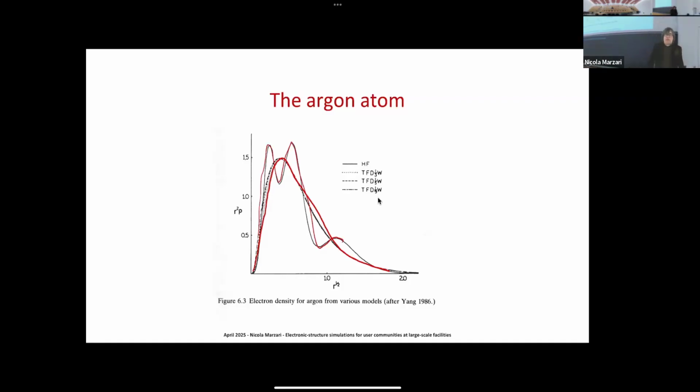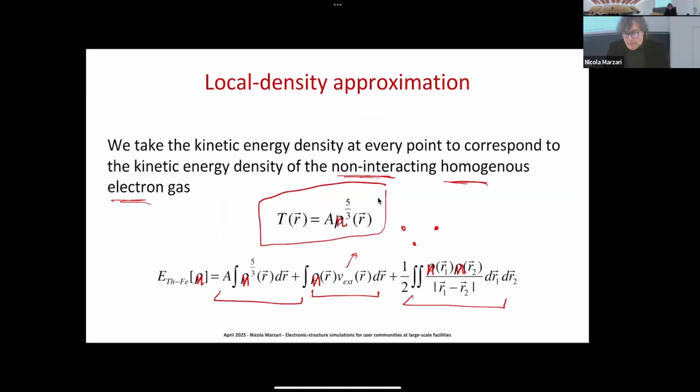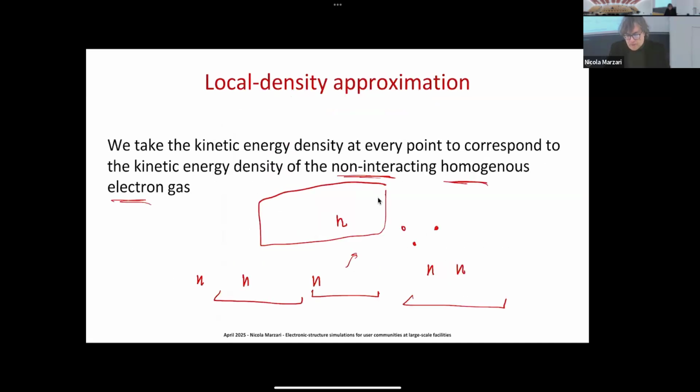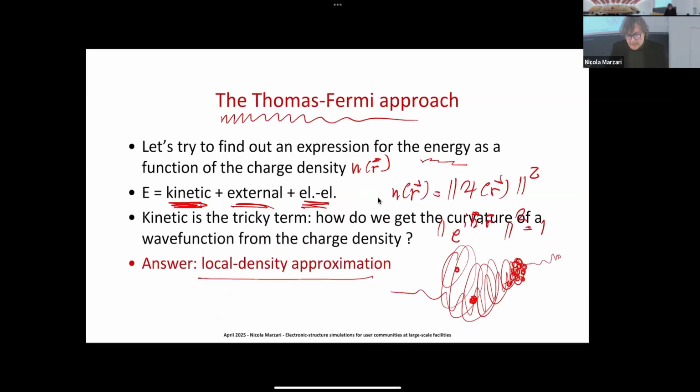It gets the right shape, but it completely misses the shell structure of the atoms. What Hartree-Fock would give you, or if you solve the Schrödinger equation for the hydrogen, you knew that you have the 1s, the 2s, the 2p, and the 3s level. So it didn't really work well in practice, but it was a very appealing idea of trying to find an expression for the energy as a function of the charge density.